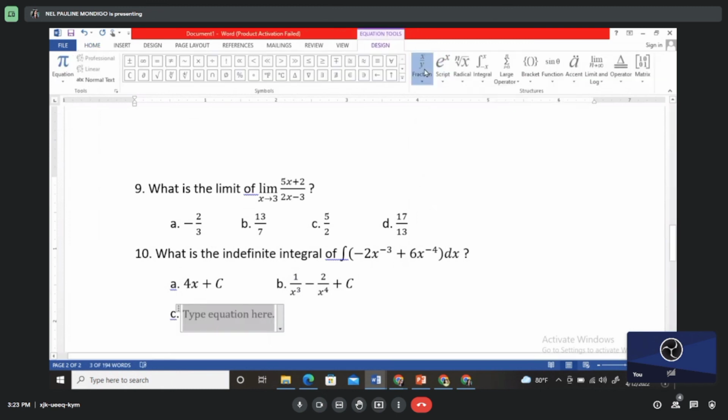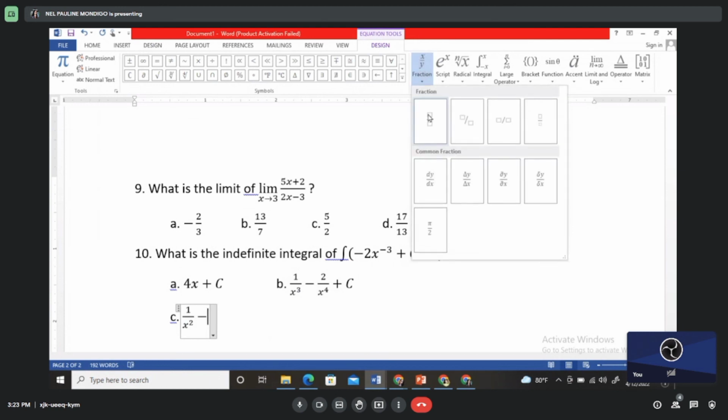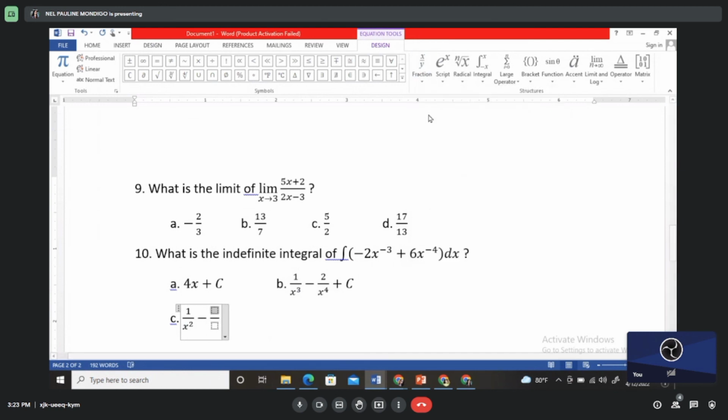And C, Alt fraction, 1 over x squared, because it is x, the denominator is x squared, minus 2 over x cubed plus c.